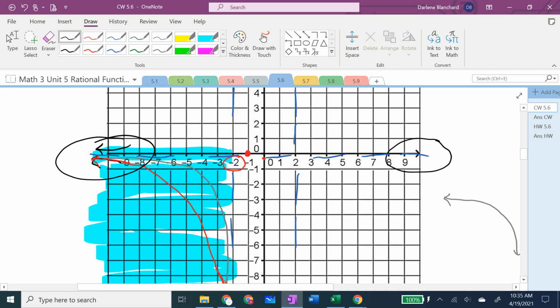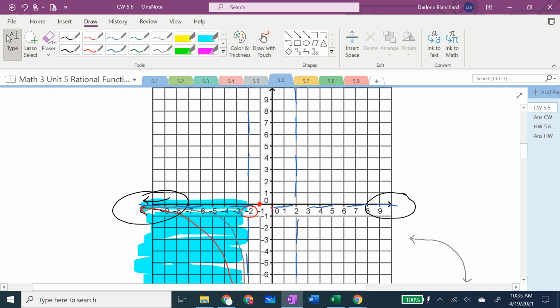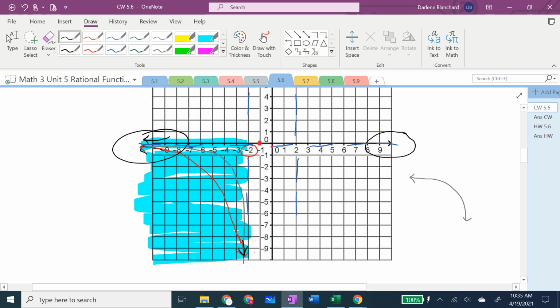Then with the vertical asymptotes, they have two sides, a left side and a right side. On the left side, it's either heading down or it's heading up. And you have to figure out which of those two it is. But if you know that you have only negative values of the function, then your only option is to head down.